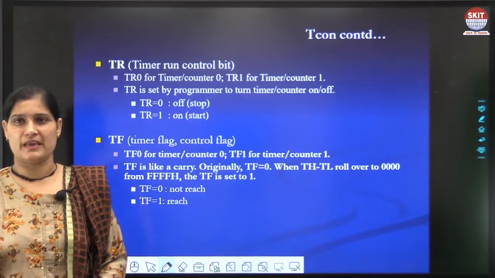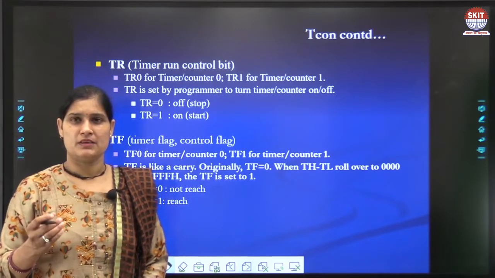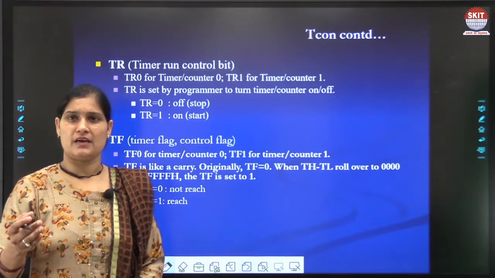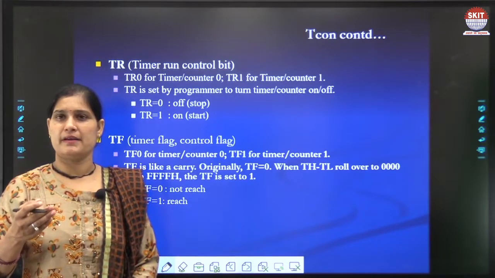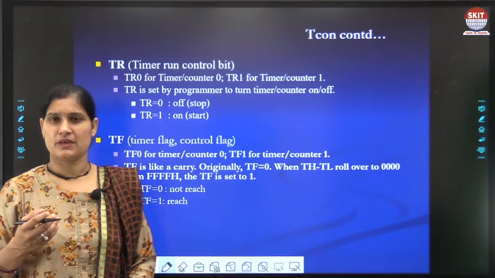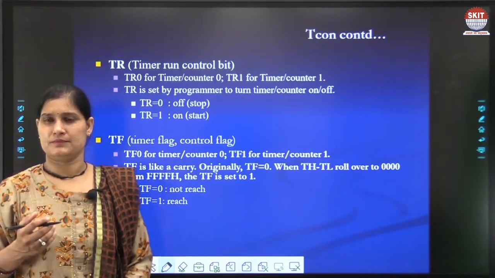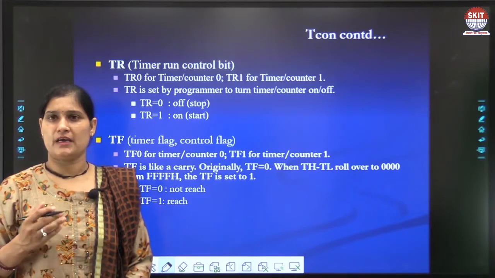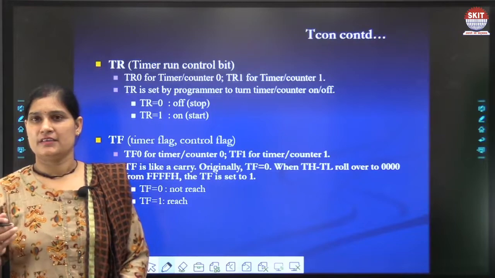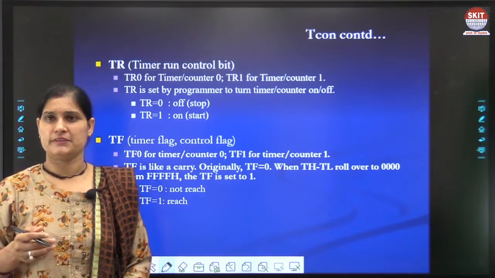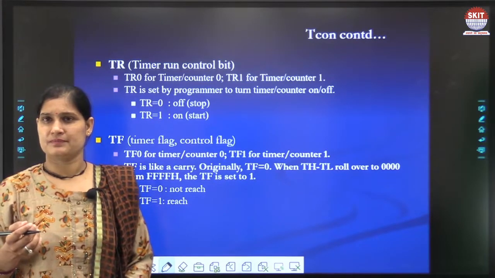There are two timers in 8051, timer 0 and timer 1, okay. So if you want to run timer 0, then you have to write SETB TR0, okay. If you want to start timer 0, TR0 is set, and if you want to start timer 1, TR1 is set, okay.